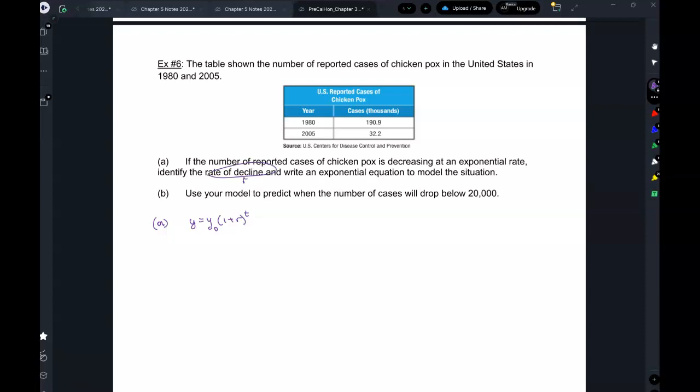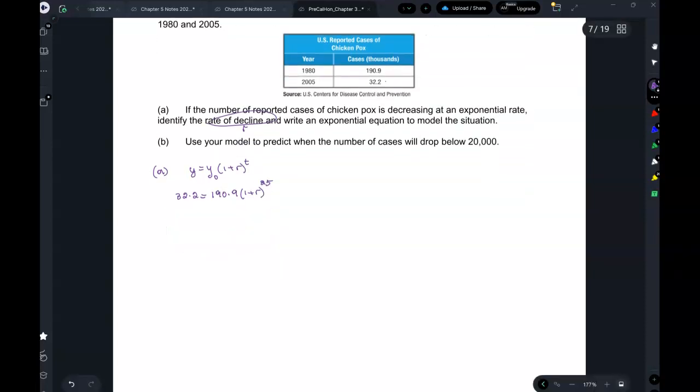Okay, so the final amount is 32.2, equal to the initial amount, 190.9, times 1 plus r to the power of how much is t? 25. Okay, so divide by 190.9, so we have 32.2 over 190.9 is equal to 1 plus r to the power of 25.